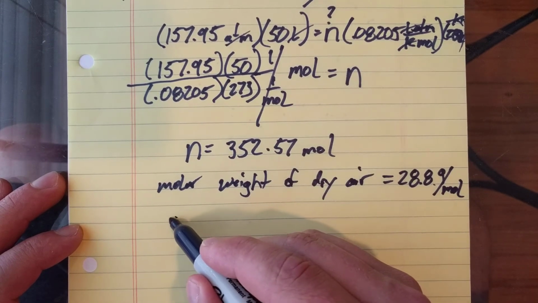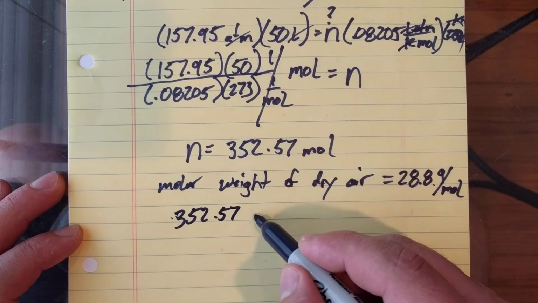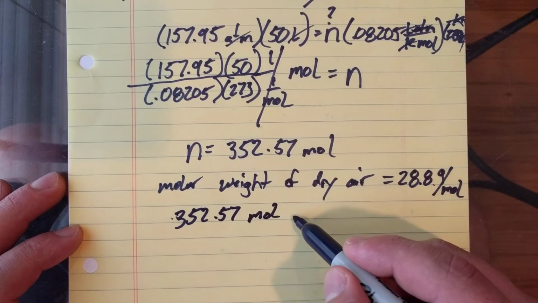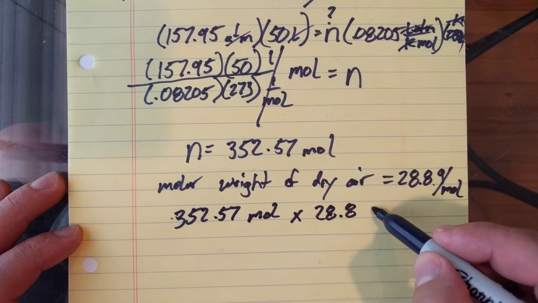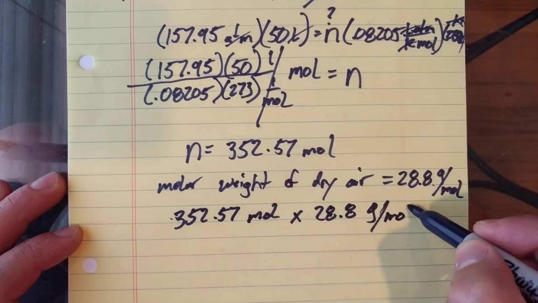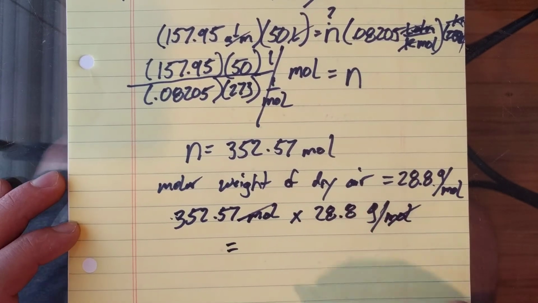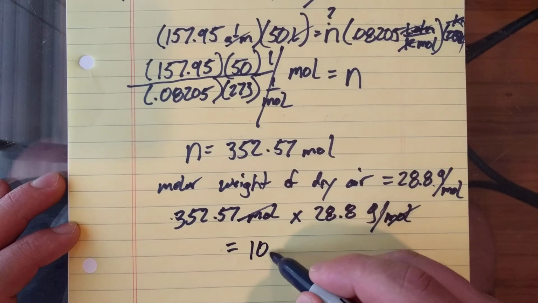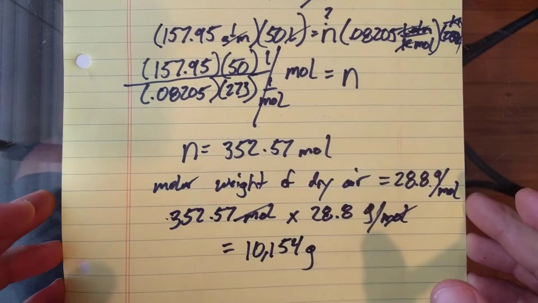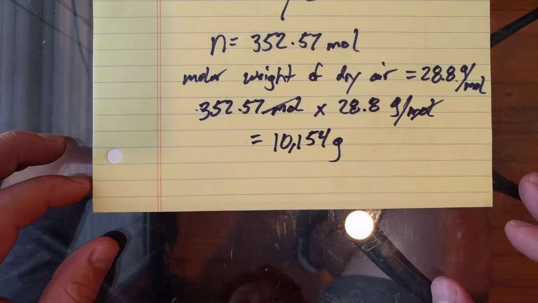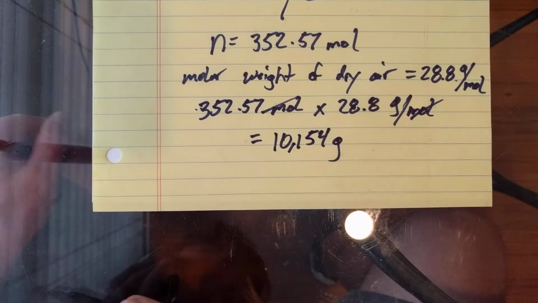So all we've got to do is 352.57 moles times 28.8 grams per mole. Mole on the bottom, mole on the top, gone. And that gives us 10,154 grams.